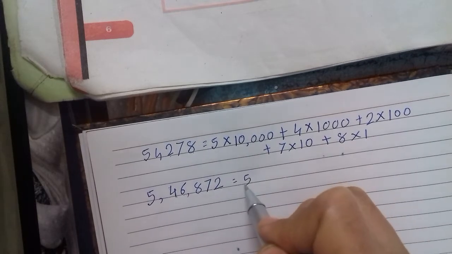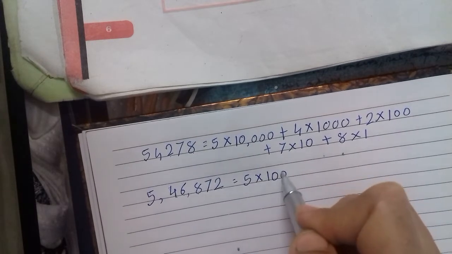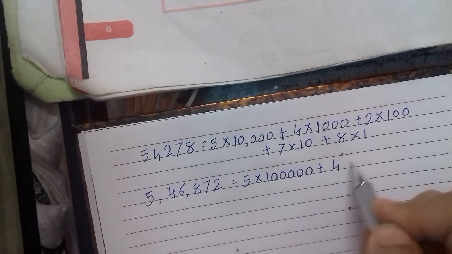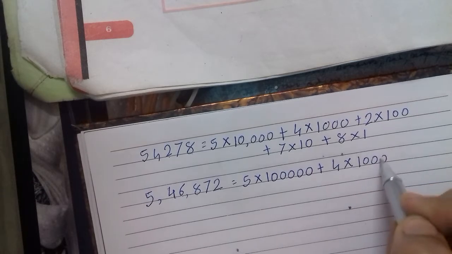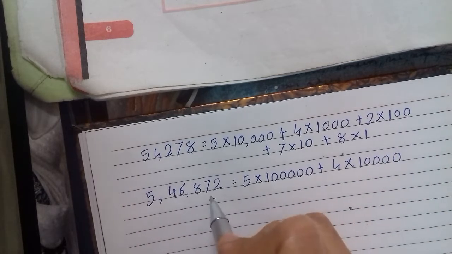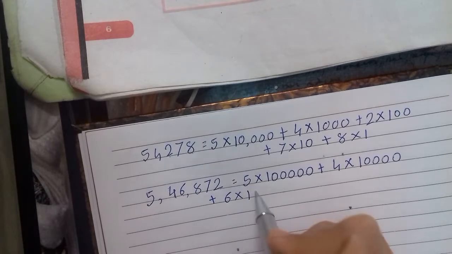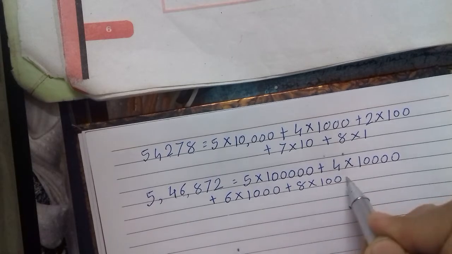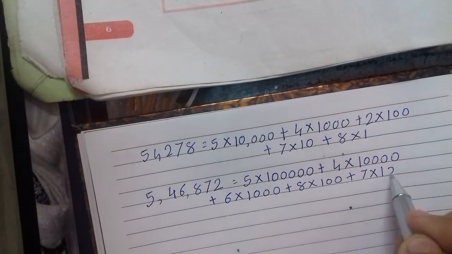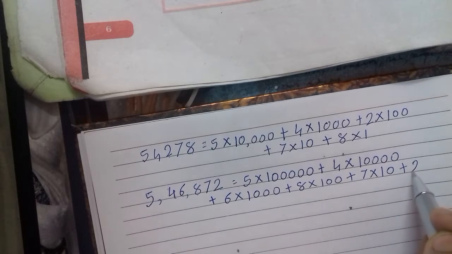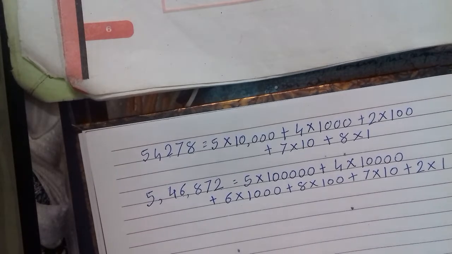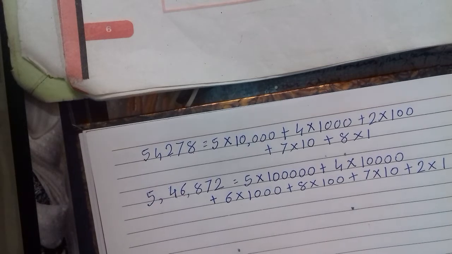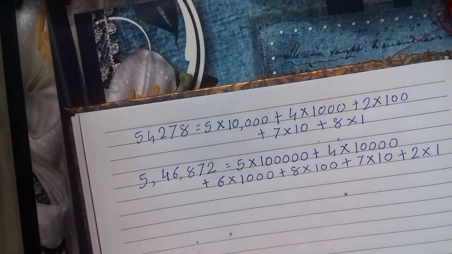So here 5 multiplied by 1 lakh, plus 4 multiplied by 10,000, plus 6 multiplied by 1000, plus 8 multiplied by 100, plus 7 multiplied by 10, plus 2 multiplied by 1. So you can write any number in expanded form by this method.